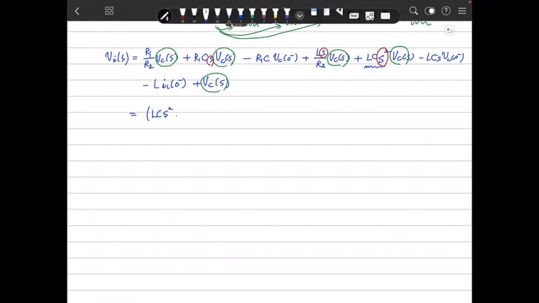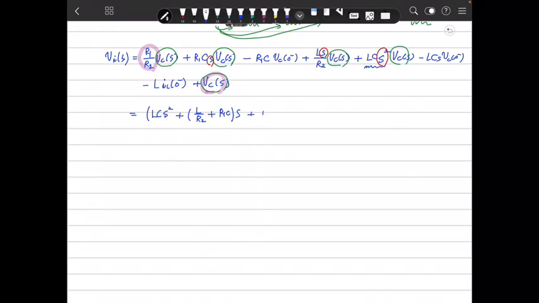So we can write here L over R2 plus R1CS, and the main thing is this and this.